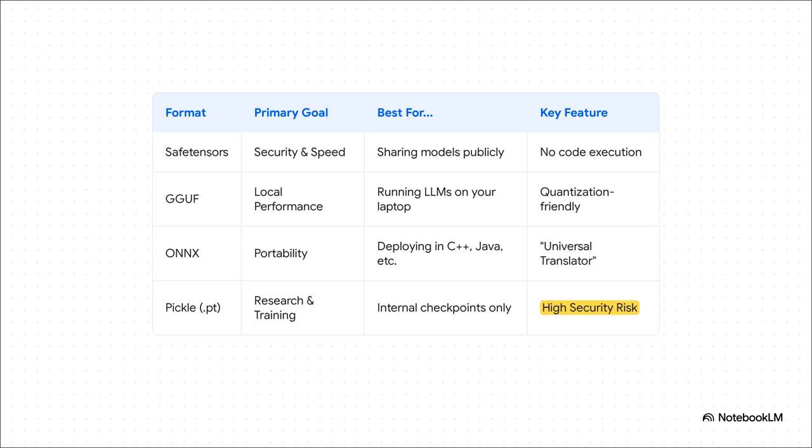GGUF, that's your go-to for running models on your own machine. Then you have ONNX. Think of that as a universal translator for when you need to deploy a model somewhere that doesn't use Python, like in a C++ or Java application. And then there's Pickle, the original, which, as we now know, you should really only be using for your own private experiments inside a place you totally trust.